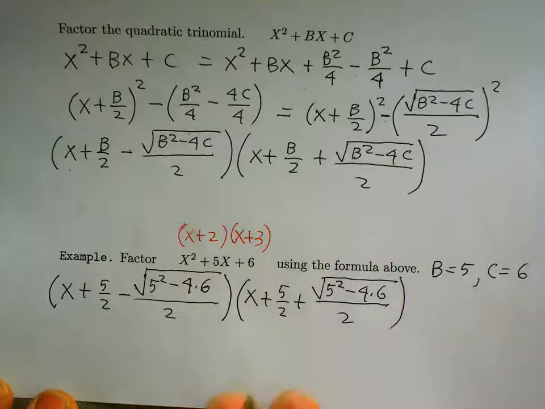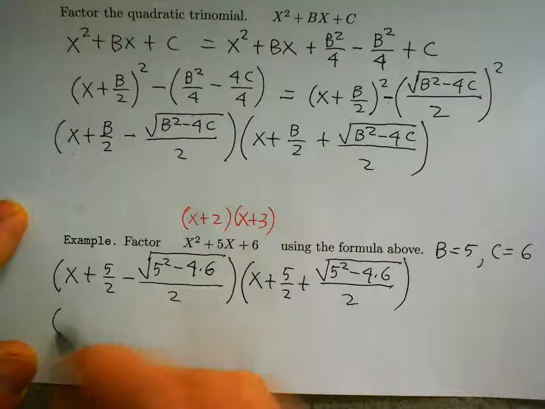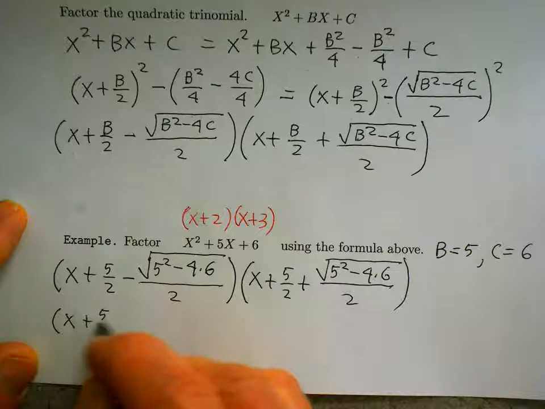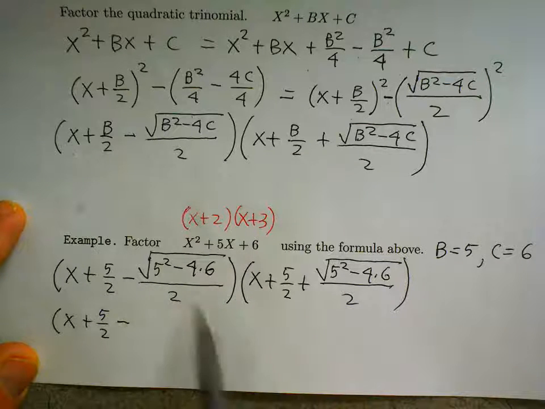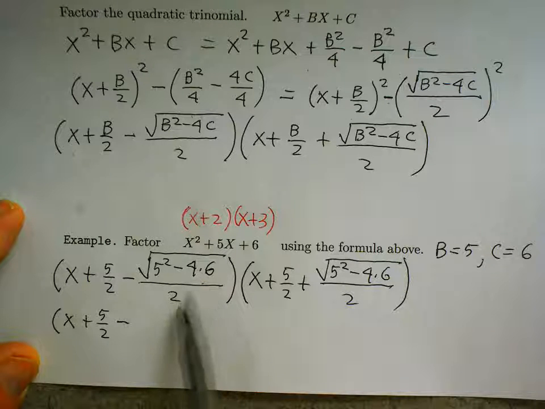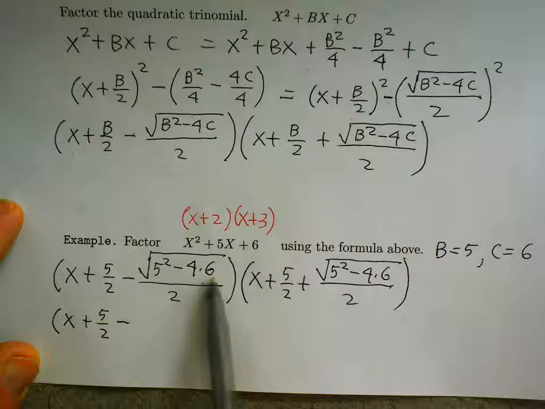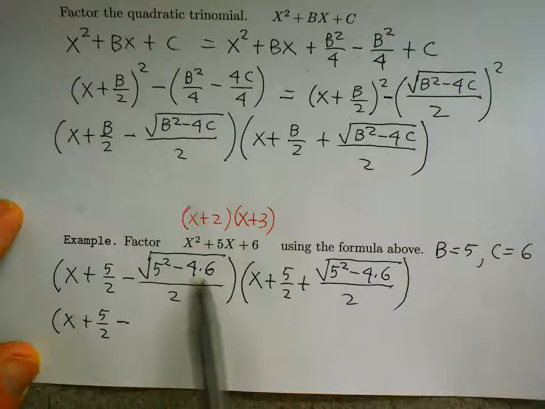And then we can simplify. So in the next step, we have x + 5/2, and then minus this square root of 5² − 4 times 6 over 2. Well, let's do some of this in our head. 5² is 25. 4 times 6 is 24. 25 minus 24 is 1, and the square root of 1 is 1.